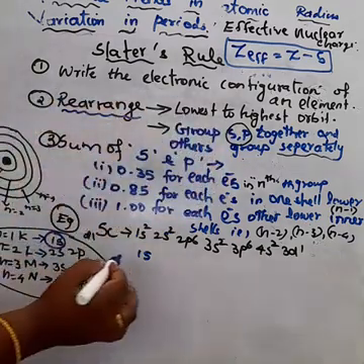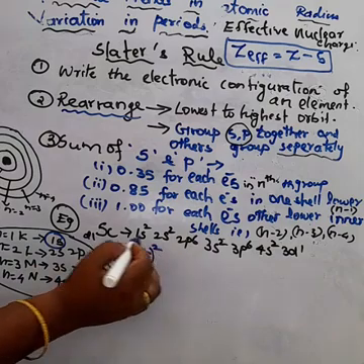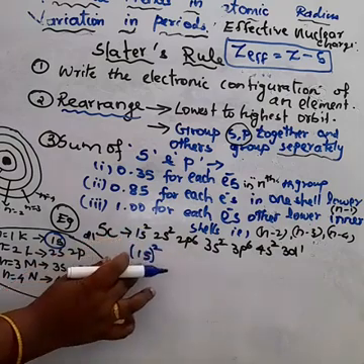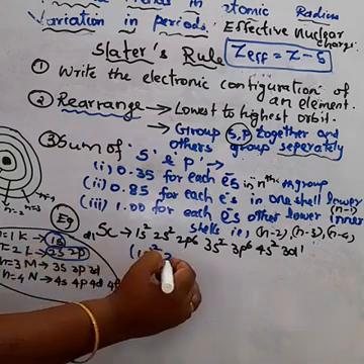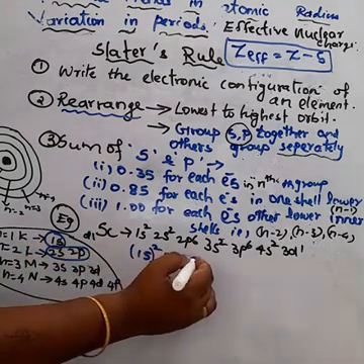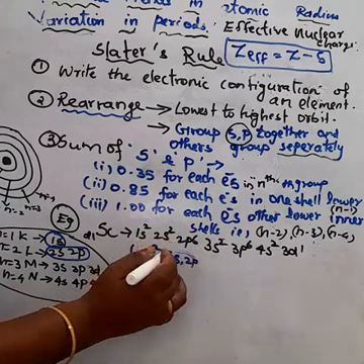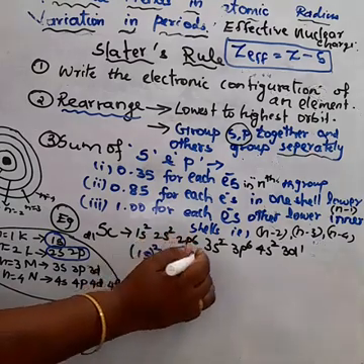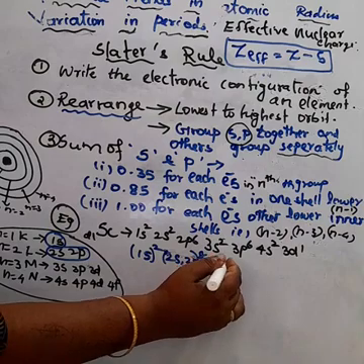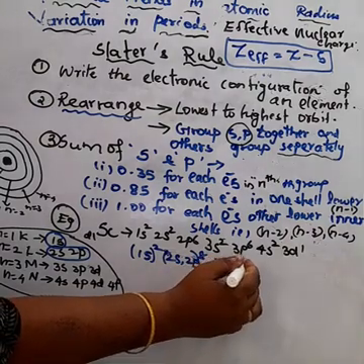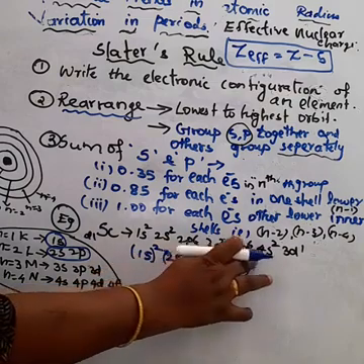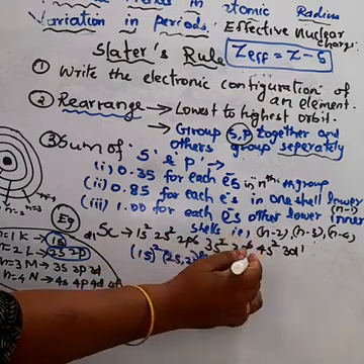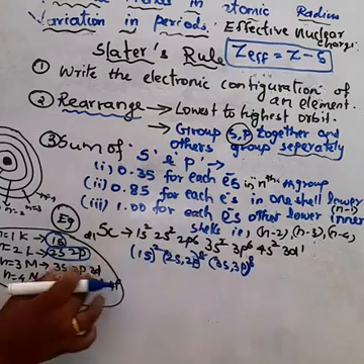So 1s orbital, how many electrons are here? Only 2 electrons. So 1s2 is the first group, and 2s and 2p, how many electrons? 8 electrons. Then 3s and 3p, how many electrons in total? S orbital 2 electrons, p orbital maximum 6 electrons. So grouping 3s and 3p together, total 8 electrons.